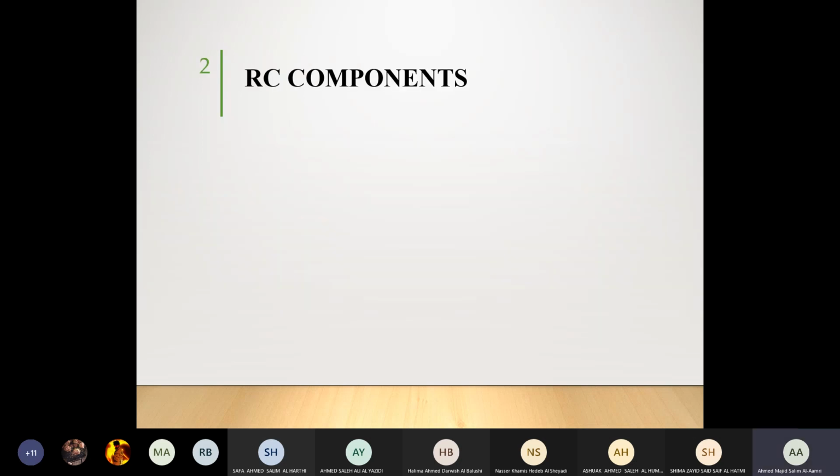Second slide. After talking about the different materials and deciding that concrete is going to be the best solution to be used in Oman, we are going to study the different components. You have studied long back that reinforced concrete consists of concrete itself and steel bars. When we talk about RCC, or reinforced cement concrete, we are referring to a material consisting of concrete plus steel bar.